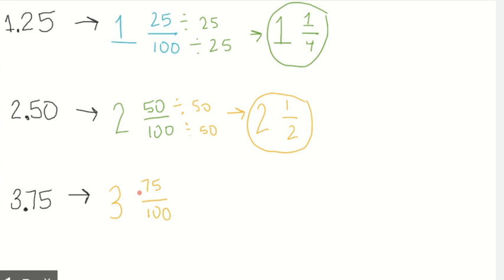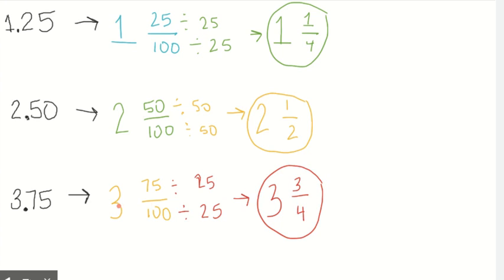What can I divide 75 and 100 by to simplify? 25. Bringing my 3 down, 3/4. 3 3/4. So 0.75 is 3/4.